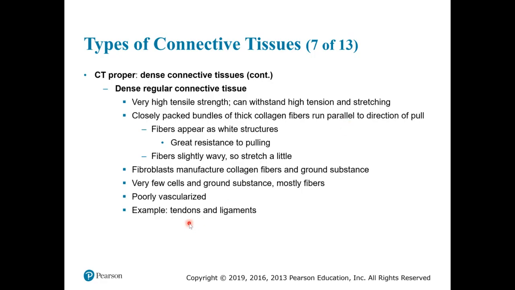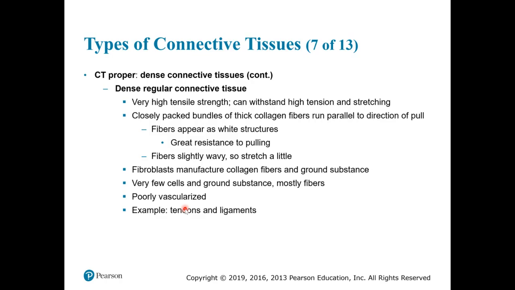The example, this is what, when you think of connective tissue, this is what you think of: tendons connecting muscle to bone, ligaments connecting bone to bone. In either one of these structures, the idea is strength, to hold two things together strongly. Tendons and ligaments are poorly vascularized.